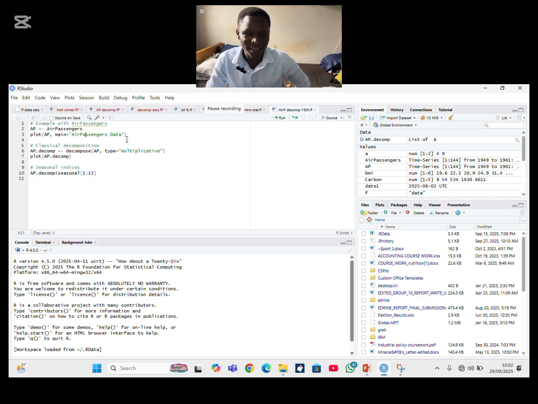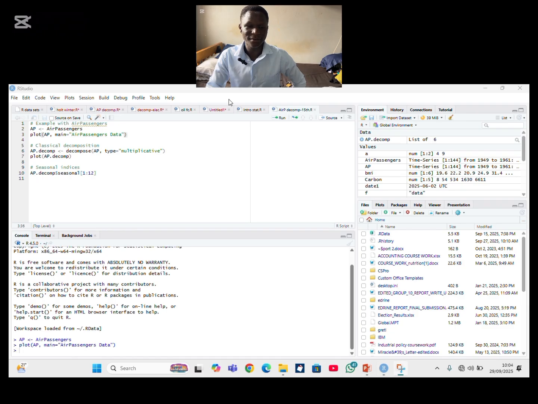I want to illustrate how we can plot the air passengers dataset. Now, this dataset, first of all, just to get some kind of introduction, as I've said, is the number of passengers that an airport has been receiving over time.